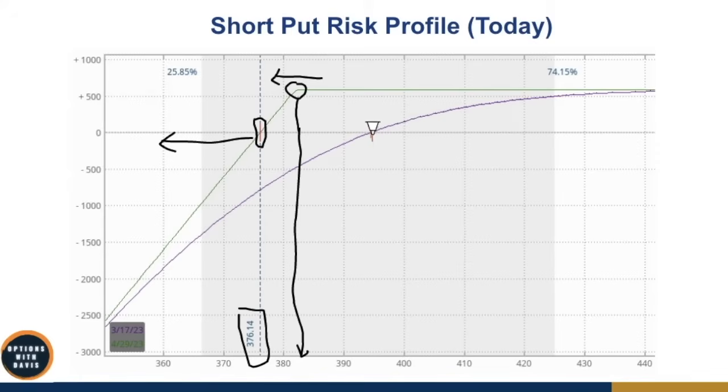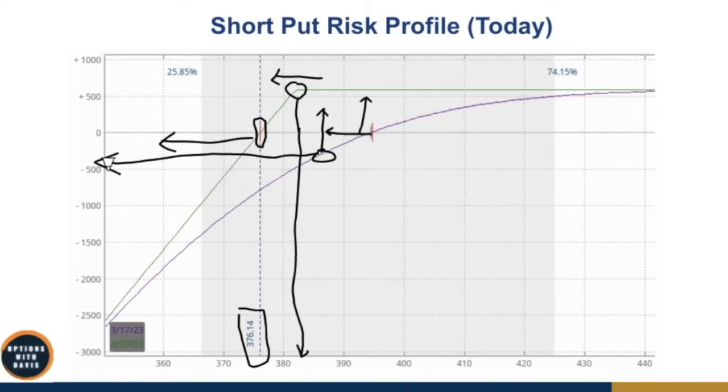As days pass, this purple line will slowly go up to fit the green line down here. What it means is that as the position matures, this purple line will slowly start to go up in profit. Even so, if today the market goes all the way down, let's say to around 385, which is somewhere down here, what you will see on the P&L of your position is that you will be losing money.